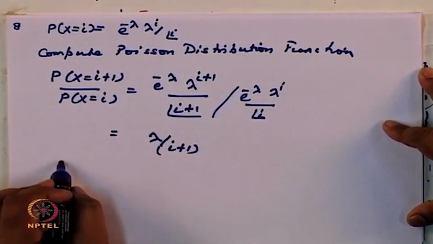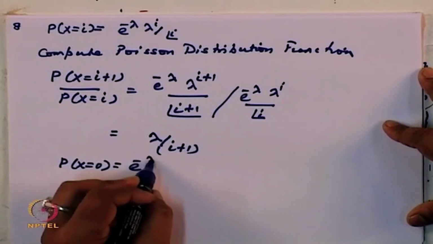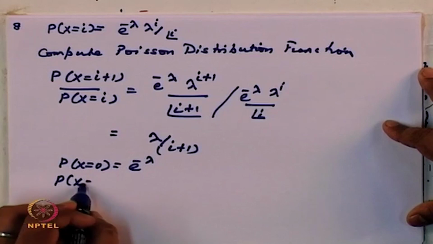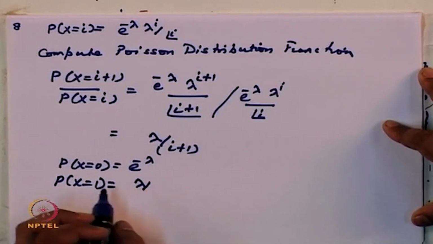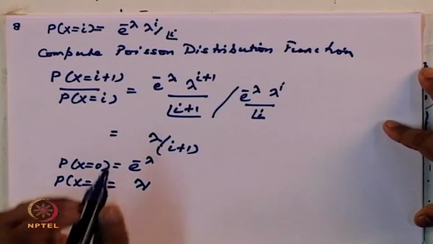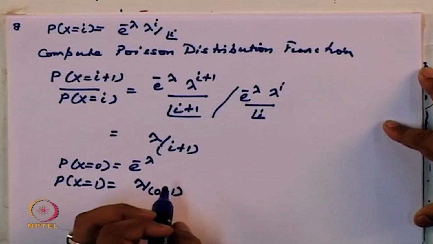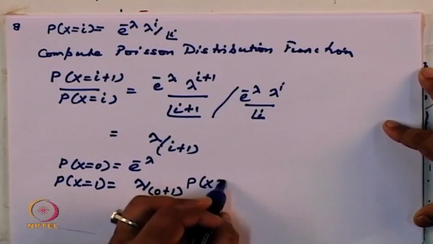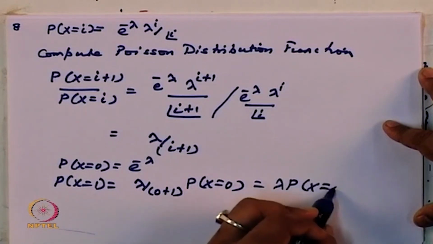So the probability of x equal to 0 is nothing but e to the power minus lambda. The probability of x equal to 1 will give you lambda by, with i equal to 0, so 0 plus 1, into p of x equal to 0. This is nothing but lambda into p of x equal to 0.